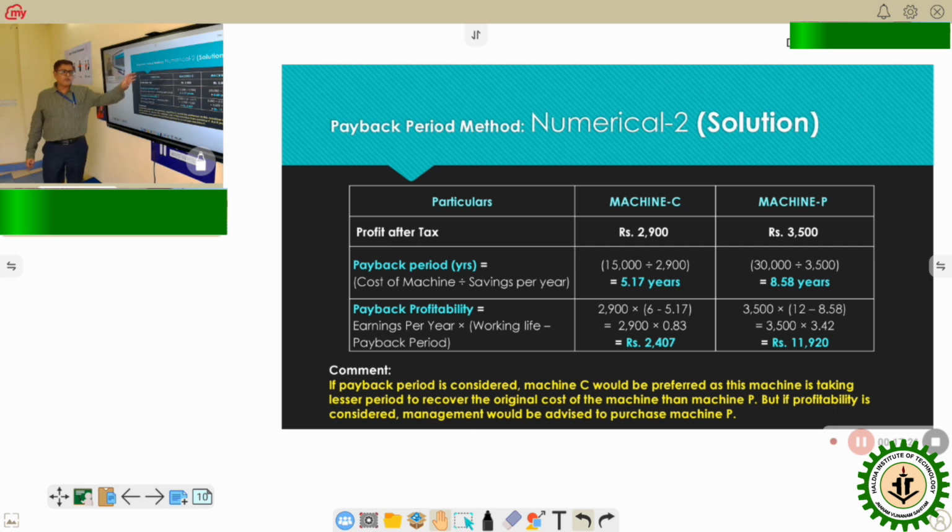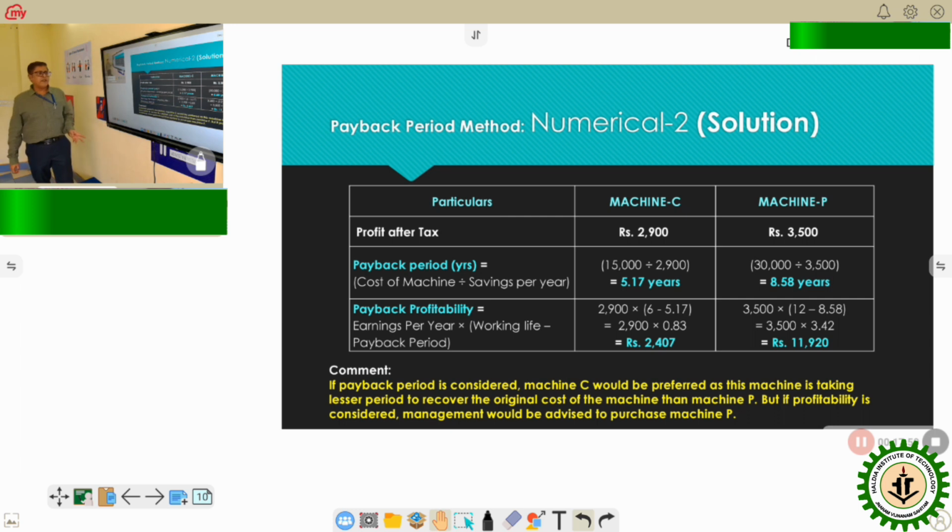With respect to payback period, since machine C has the lower payback period than machine P, machine C will be preferred. But if payback profitability is considered as the criteria of selection, then machine P yields more payback profitability than machine C. So in that respect, we shall consider machine P.